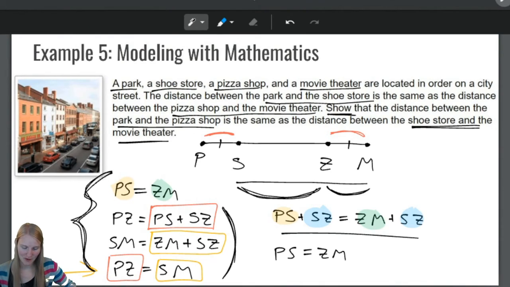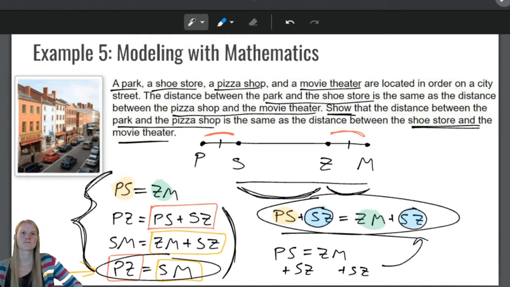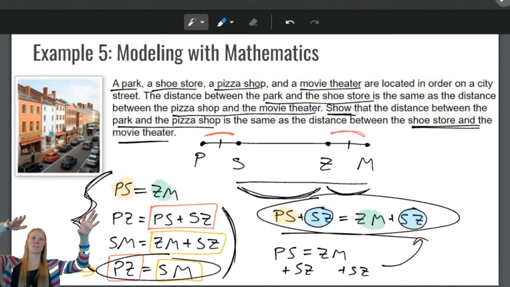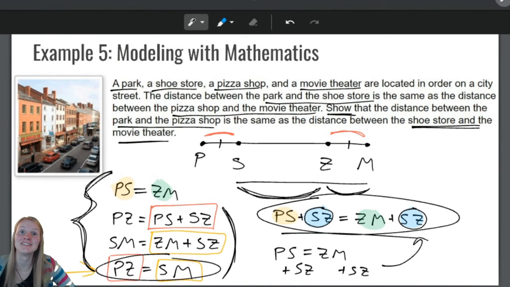It states that if I add the same thing to both sides of the equation, I get an equivalent equation. So if I add SZ to both sides, I get this, and this is the same as this. Boom. We win. We win.